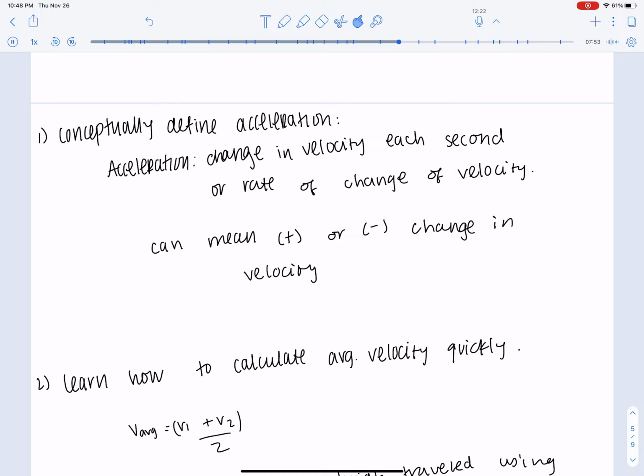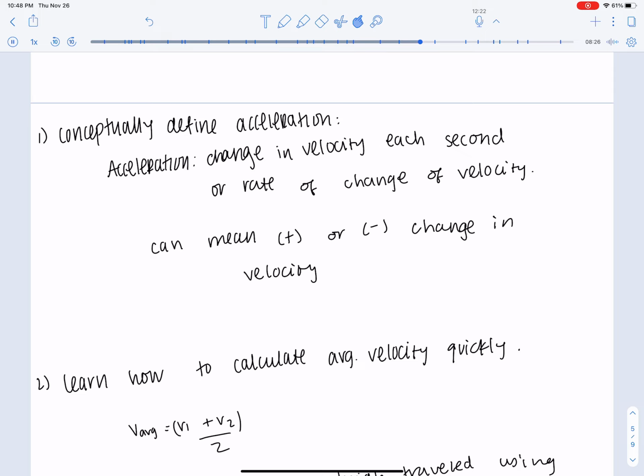And then you have to know how to calculate the average velocity fast, which is v1 plus v2 divided by 2, basically getting the average. Calculate the distance or height traveled using the equation distance equals rate times time, rate being the average velocity.